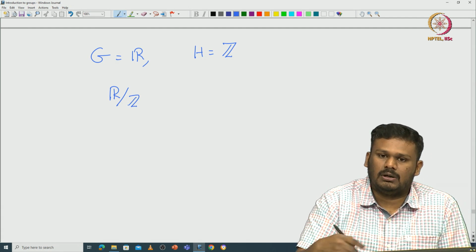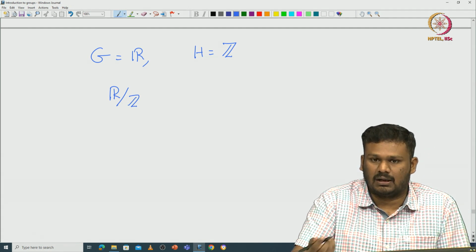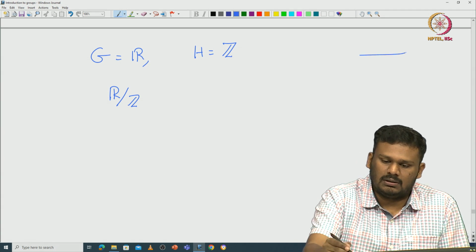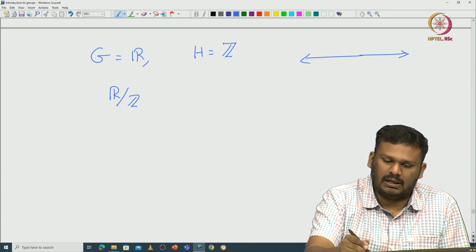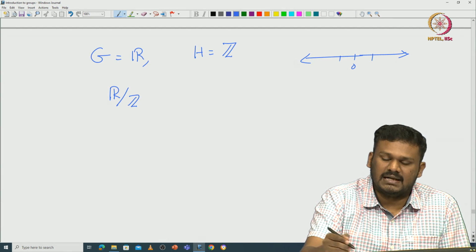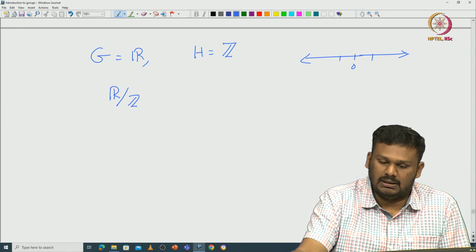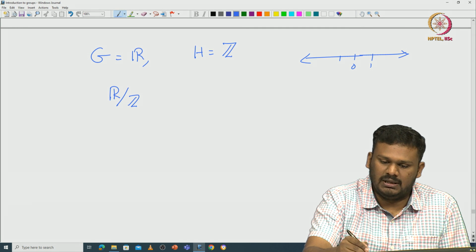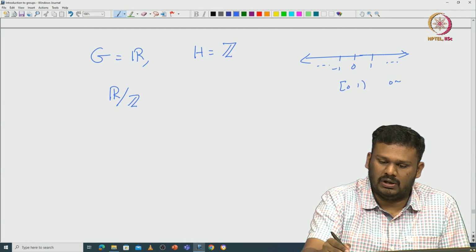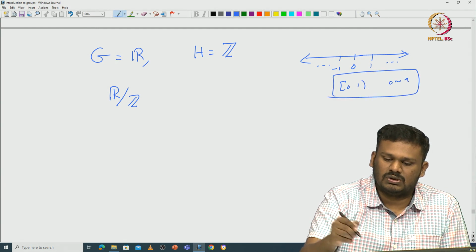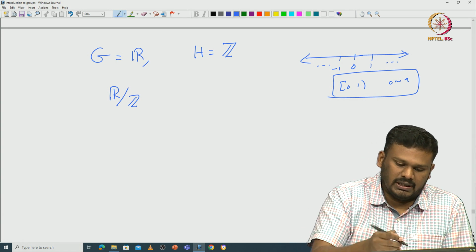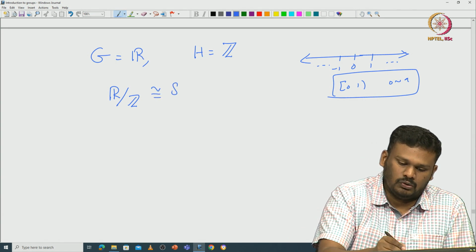Like I said, R modulo Z should look like the circle, because you are taking the real line and then you are translating this interval, closed 0 comma 1, with these integral translations. So that means you can identify 0 with 1. So this looks like a circle. So that is why you expect this to be isomorphic to S1.